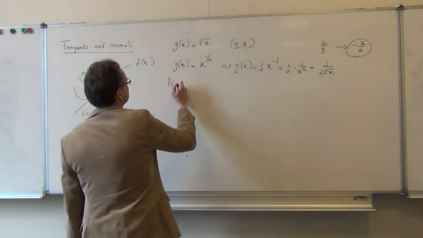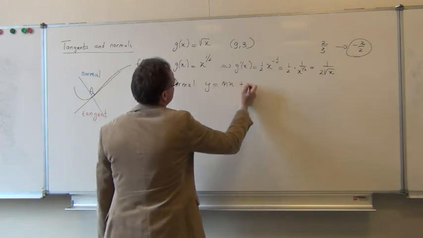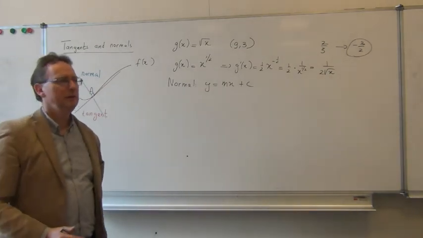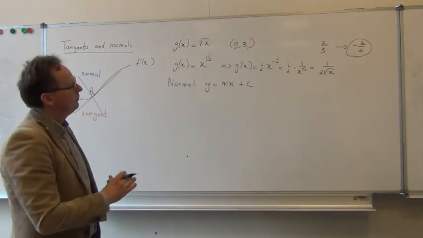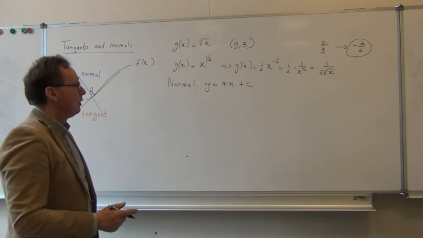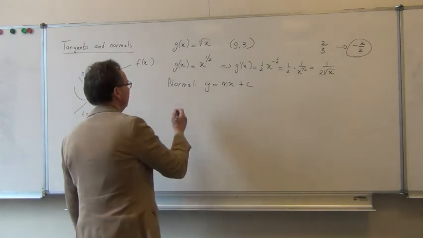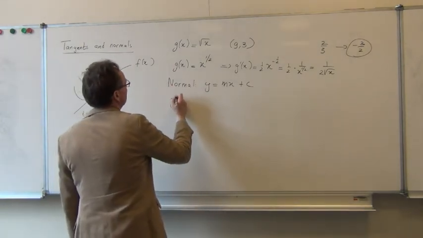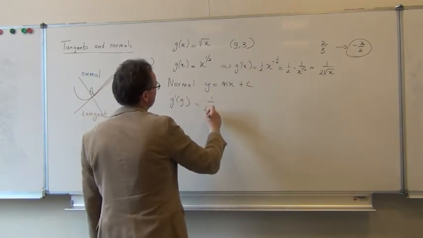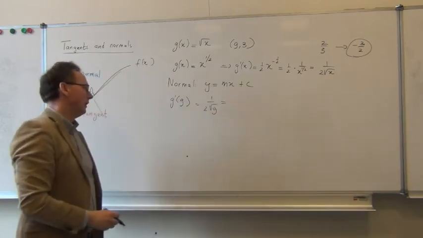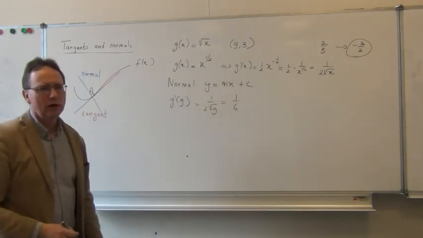So the normal, again, will be a straight line, so I just start with writing y is mx plus c. Notice that it's almost like a recipe. You just go through all the steps, and if you don't make a mistake, you find the equation of the normal. So look at the slope, and we can start with the derivative. We take g dash 9, because we talk about x is 9. We have 1 over 2 times root 9, so 1 over 2 times 3, 1 over 6 is the derivative for x is 9.